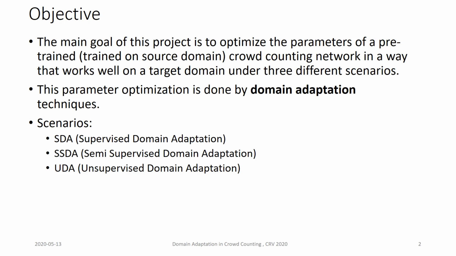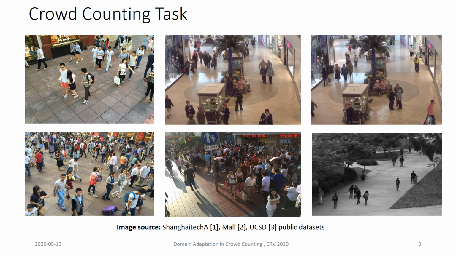Now we are going to see what crowd counting is. The task of crowd counting is defined as approximating the number of people that are visible within a given image. An effective crowd counting system can accurately estimate the size of the crowd regardless of the crowd density, background environment, viewpoint, illumination, etc. If we look at the examples here, in the leftmost column, the bottom image, the difference with the rightmost bottom one is density variation.